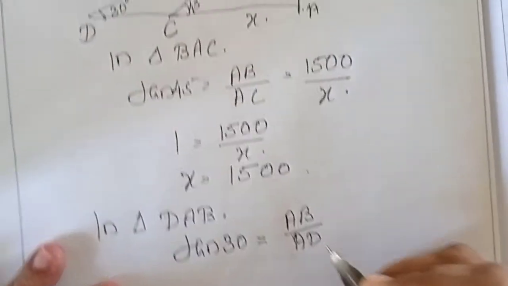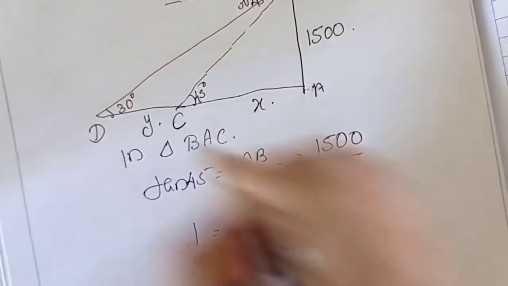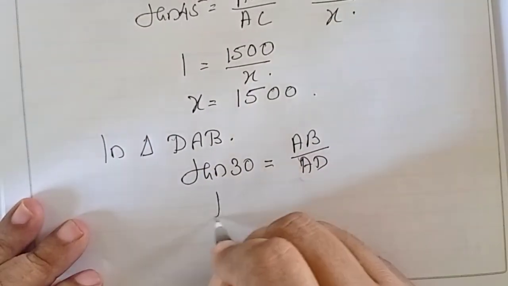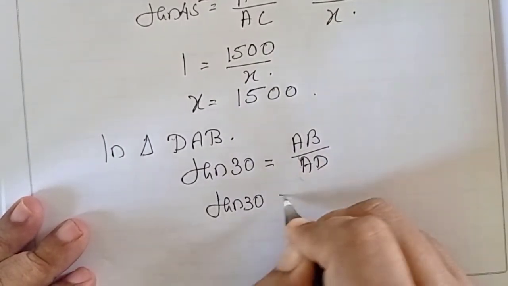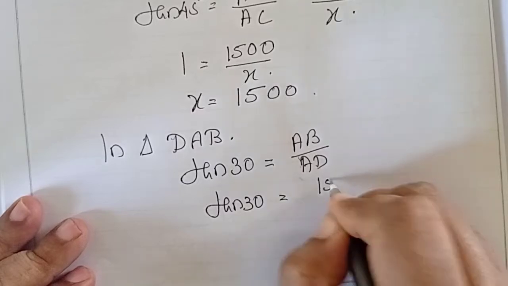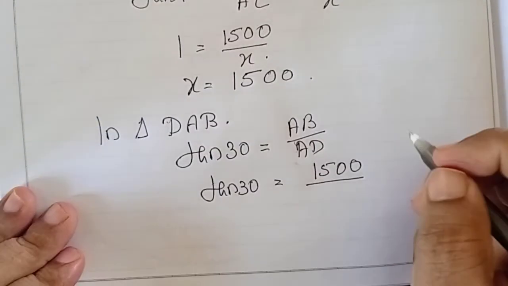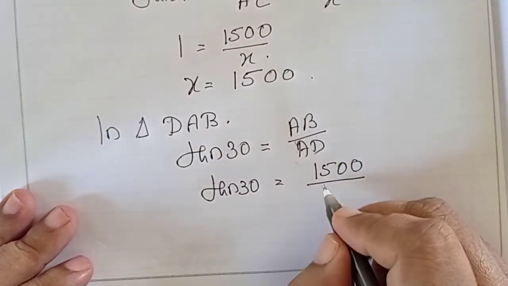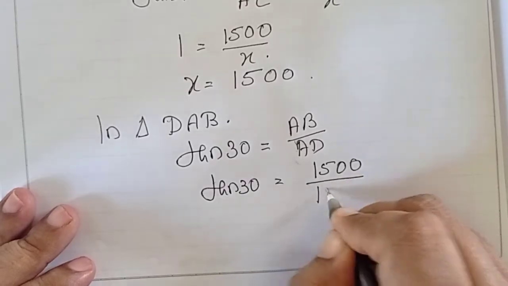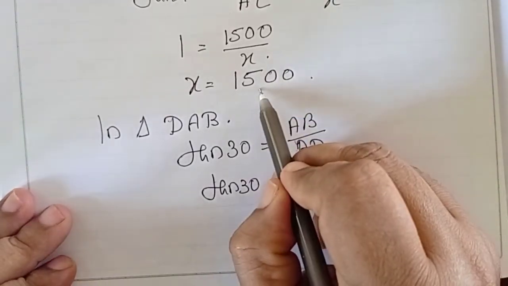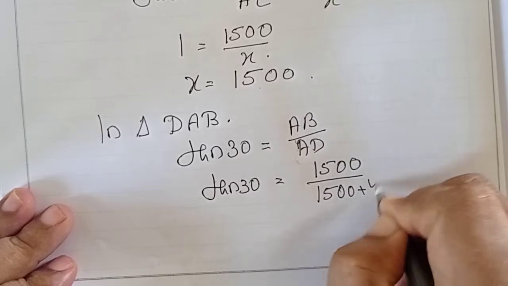How can you write that AD? If you put this as Y, then we can write tan 30 is equal to AB, that is 1500, by AD, which means x plus y. We already found x, so 1500 plus y.